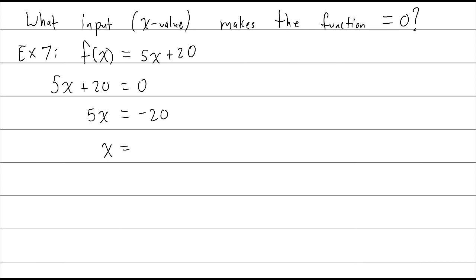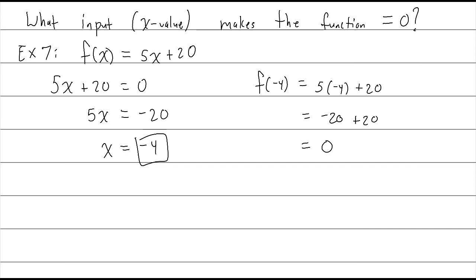Negative 20 divided by 5 is negative 4. So negative 4 is the 0 of this function, because if you plug in negative 4, it ought to equal 0. 5 times negative 4 is negative 20. Negative 20 plus 20 is 0. So see, it works.